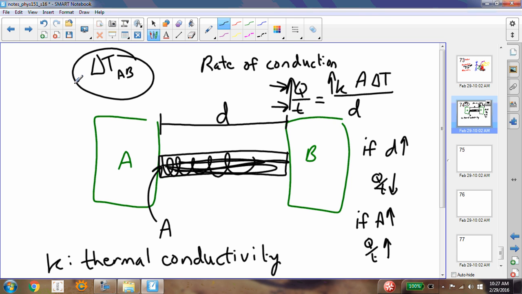But if I have two substances that are hugely different in temperature, then they will experience a greater rate of thermal conduction. You don't have to calculate anything for this for the exam, but you will need to know how the rate of thermal conduction, Q over T, depends on these four variables, K, A, delta T, and D.